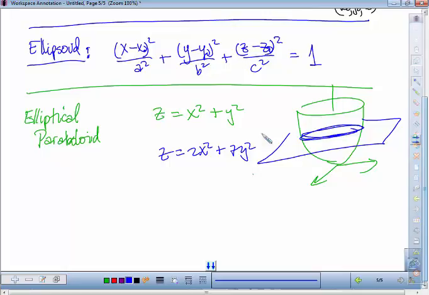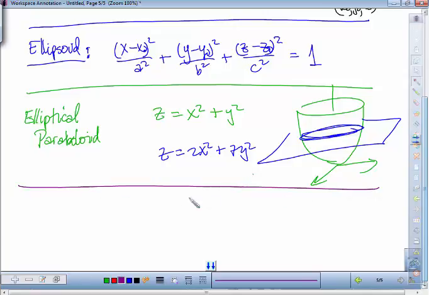Now the tricky part here is that if you, instead of adding them, subtract them, something weird is going to happen. Now, this is still called a paraboloid.